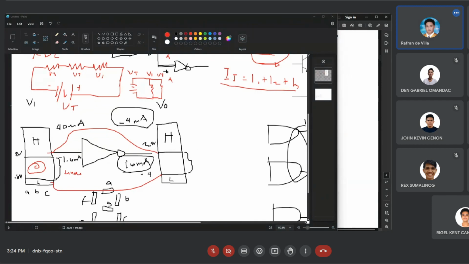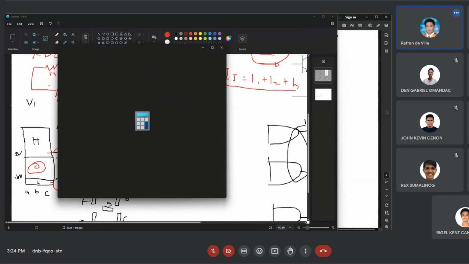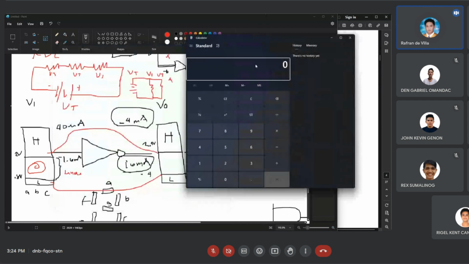Okay? So given that ang output nato is 16 milliamps. Okay? Pila man kabuok input sa inverter ang kaya ma-control aning 16 milliamps? So ato na i-divide si 16 by 1.6.